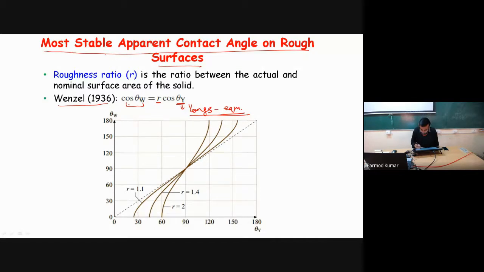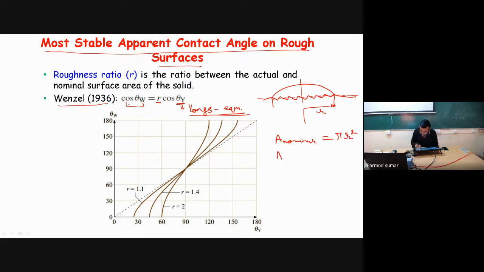Okay, so let us consider that we have this rough surface, something like this, and we have some nominal surface represented by this dashed line, and the drop is resting on this. Now if you see, if this is the radius r, the nominal contact area A nominal will be equal to pi r square for this droplet.